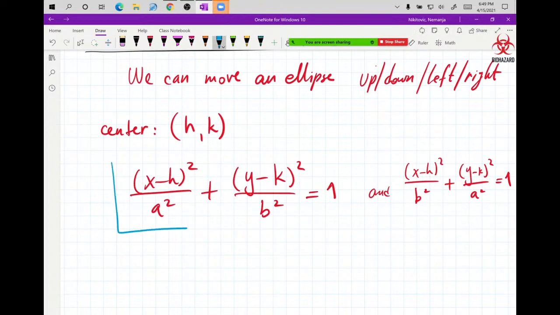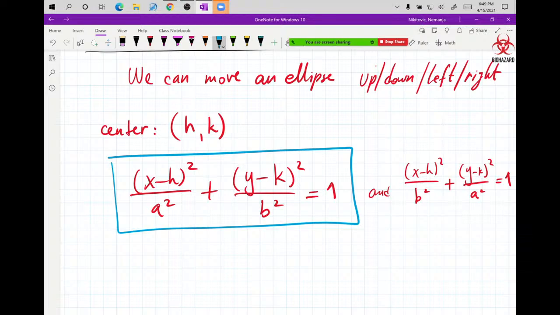It's enough to know one, the other one is going to be the same way. Just vertical, but moves the same way. So the center now is h, k as this thing moves around.